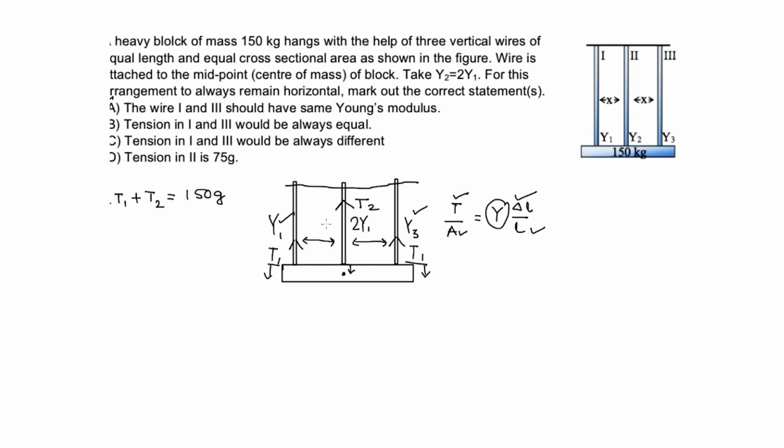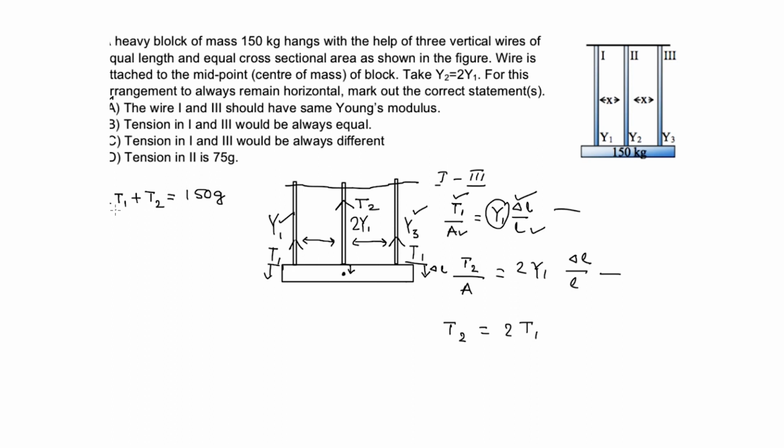For the first and third wire, T1 by A is equal to Y1 into delta L by L, and for the second one, T2 by A is equal to 2Y1 into the same delta L by L, because it is horizontal, so delta L will be the same for all of them. From these two expressions, T2 is equal to 2T1.